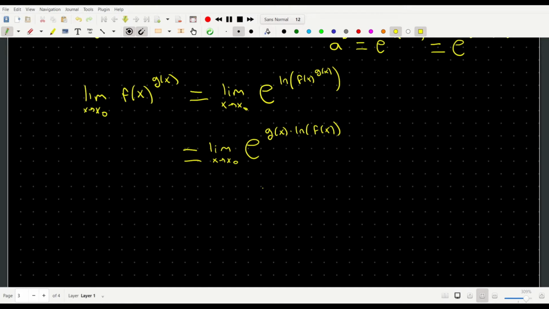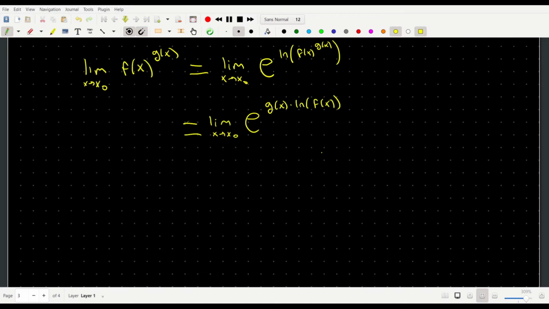And because of continuity, the exponential function is a continuous function, and therefore this is the same thing as the exponential of the limit as x goes to x naught of g of x times the natural log of f of x.